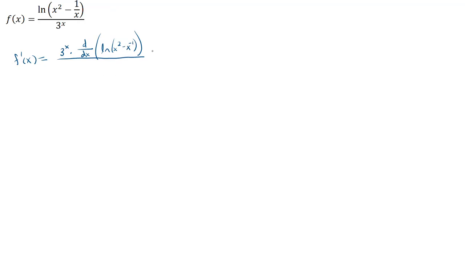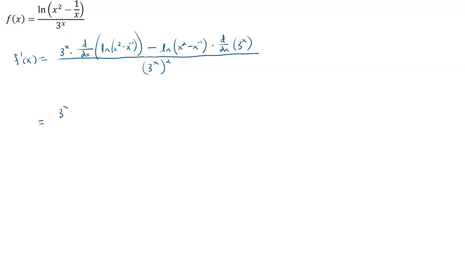So the bottom times the derivative of the top minus the top times the derivative of the bottom. And that's all over the bottom squared. So we have our structure. I didn't do too much at once. I just wrote the quotient rule. Now we need to dig into the two derivatives that remain.